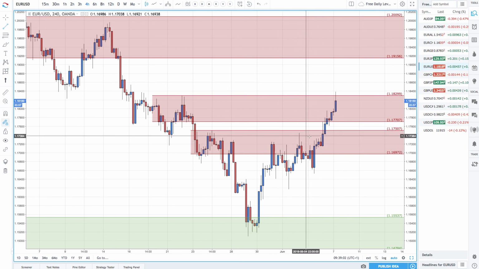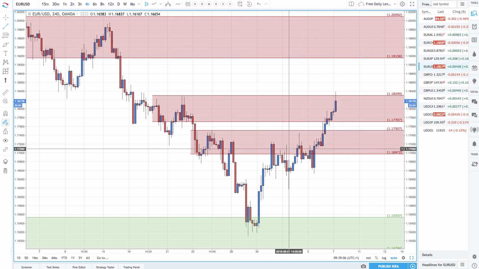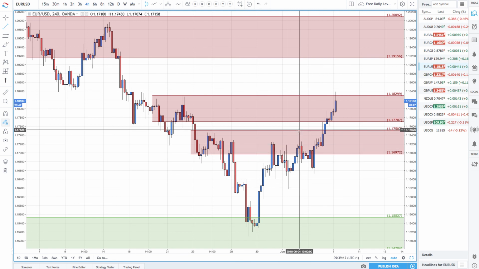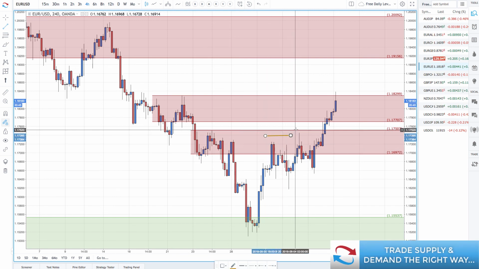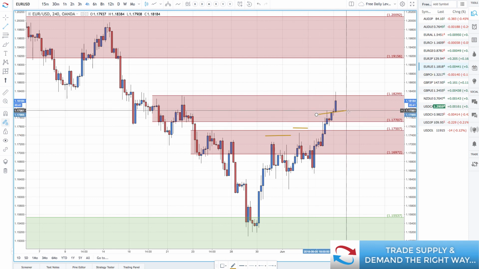Again, this is the euro, right? This would have been where traders would have been getting short at some point, right? Only for their stop losses, if they're putting stop losses here, to be triggered, right?